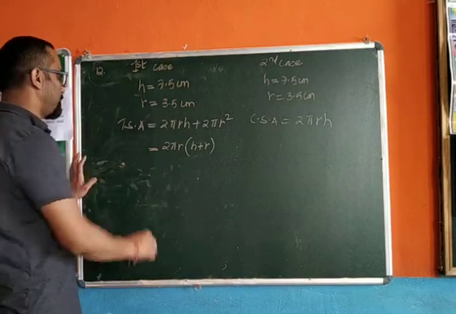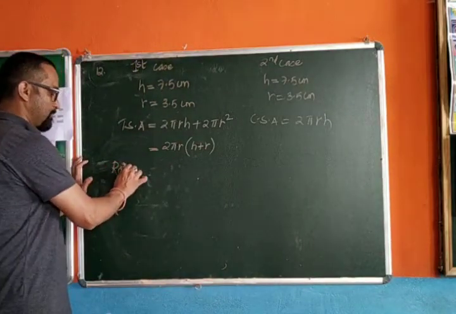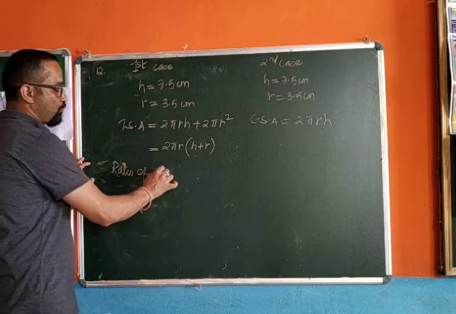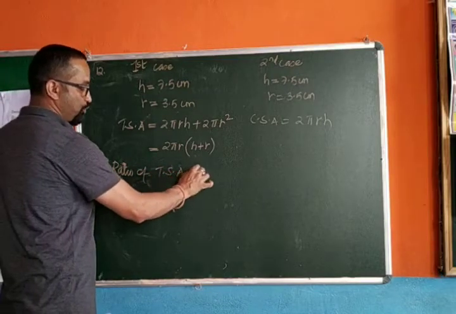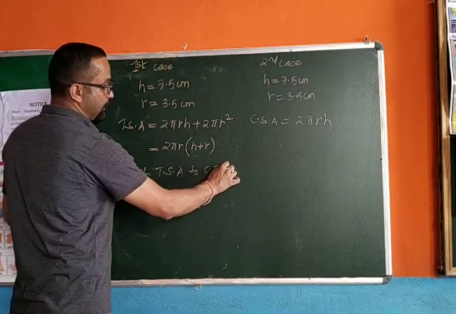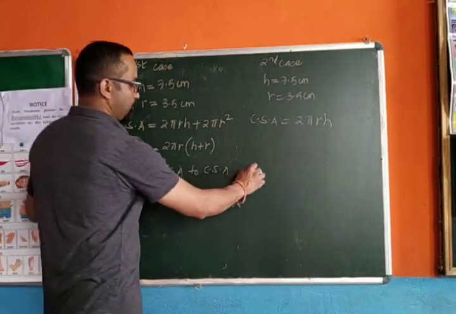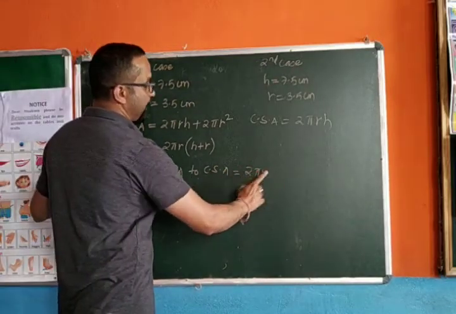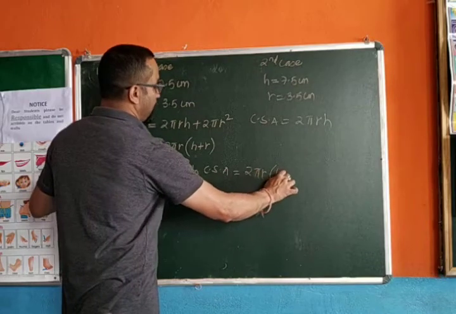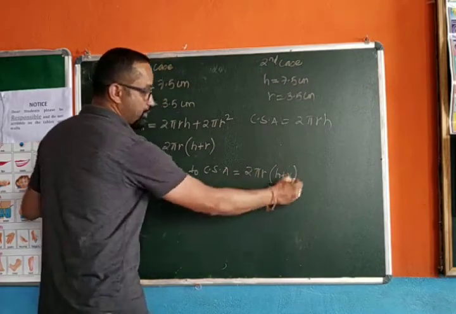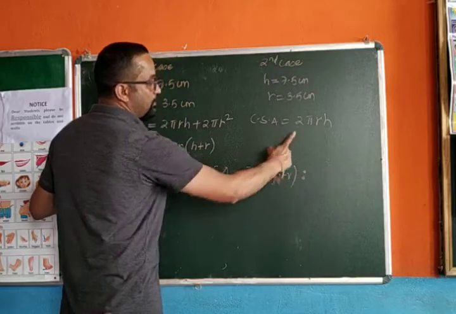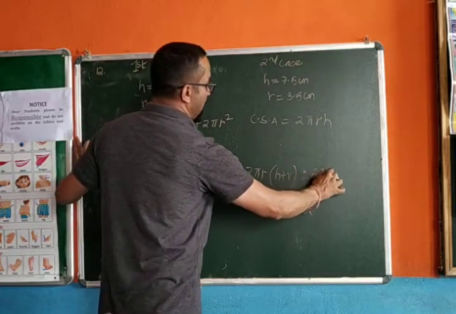Now we find ratio of total surface area to curved surface area. You write down the formula first. Total surface area is 2 pi r, h plus r, is to curved surface area 2 pi rh.